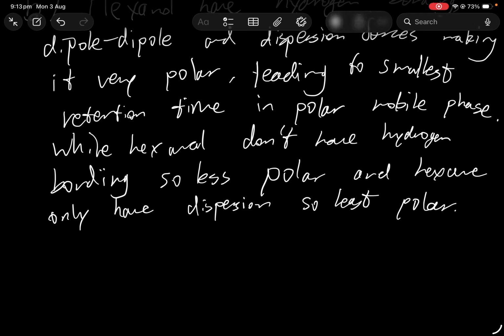Then you would lead that to why it has more retention time, which is just because it wants to stick to the stationary phase more, because it's less polar. Like dissolves like, so it will be attracted to the stationary phase more, which will increase retention time.